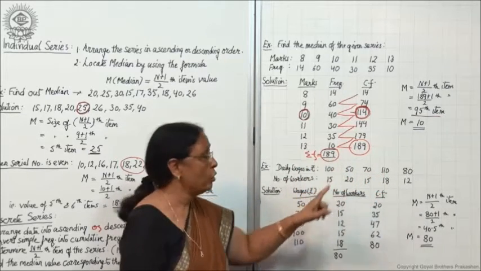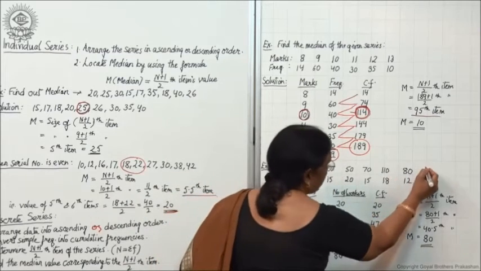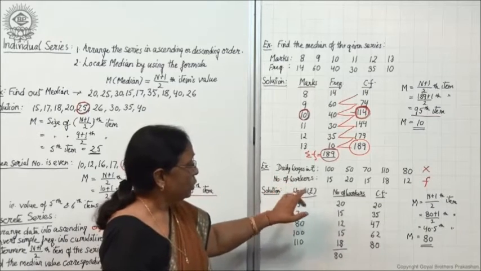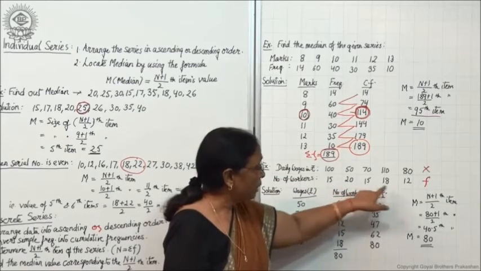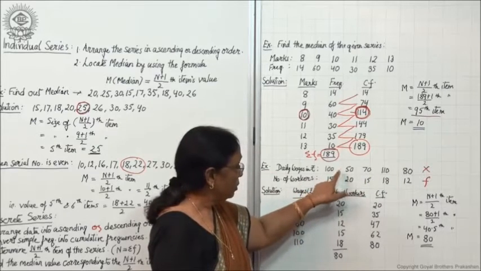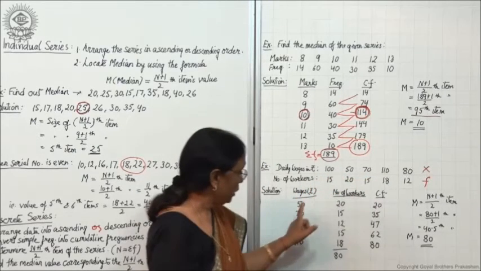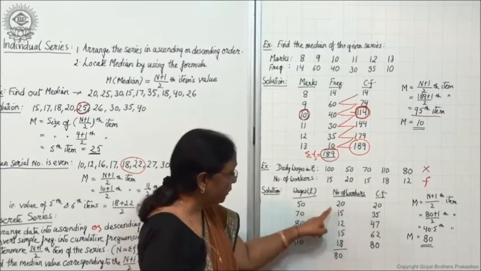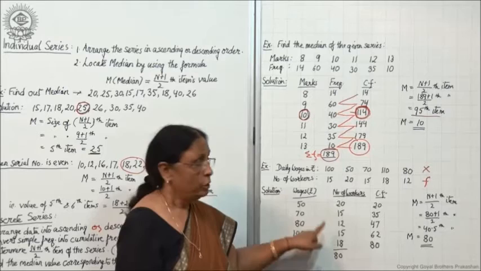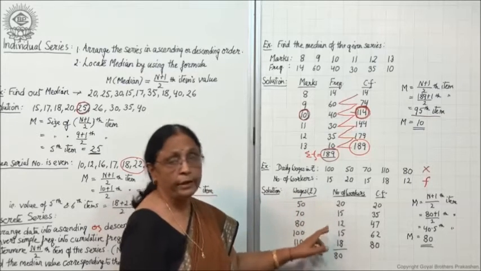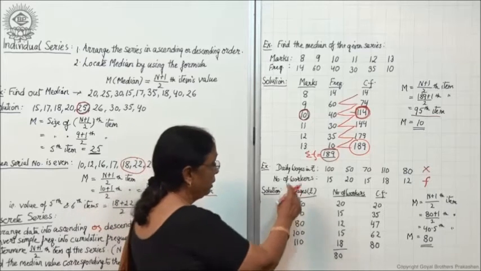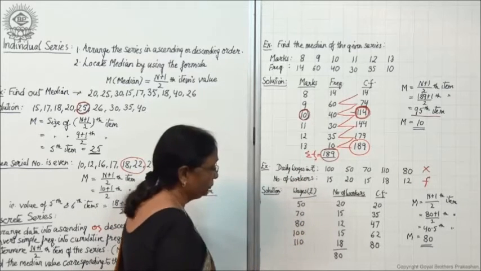It is the X column, and this is the F column, F is frequency. So you will never arrange the frequency, only the wages, that is the X column. Do not arrange the frequency in ascending or descending order.